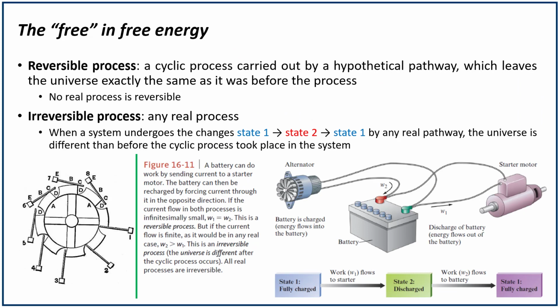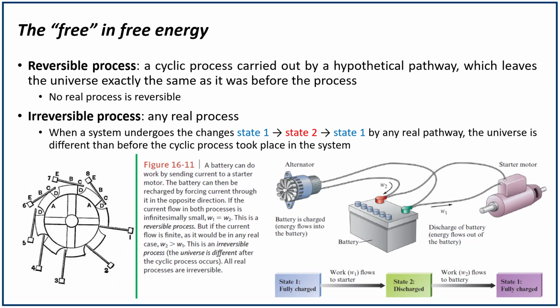Now, can we actually use all of this energy to do work? The answer is no, because current flowing through the wire causes frictional heating, and the higher the current is, the greater the amount of heat that will be produced. And this heat produced is actually wasted energy.